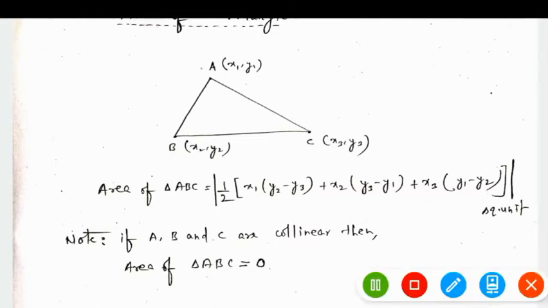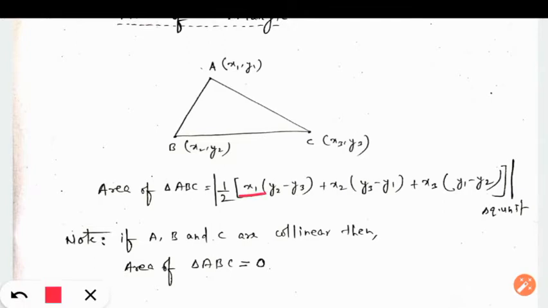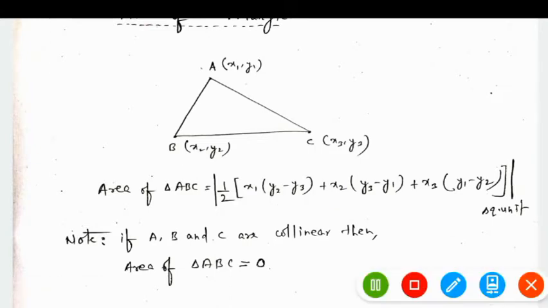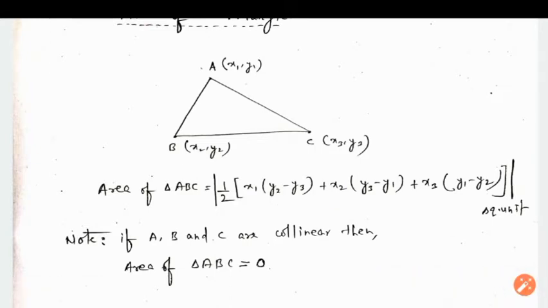First of all, see what I have written here: x1, x2, x3, and we have plus. Now if we have x1 here, then within the bracket what we have in terms of y is y2 minus y3.